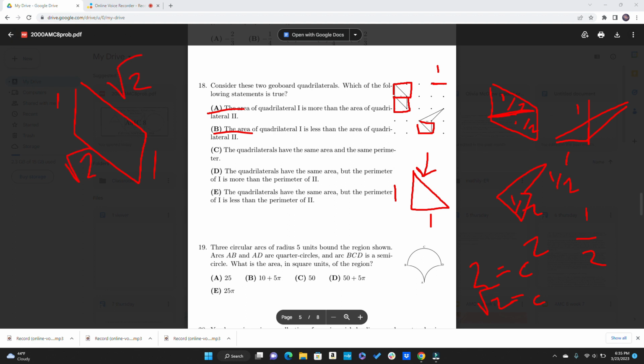Okay, what about the other quadrilateral? Well, that one has a side length of 1. We can see it has 2 sides that are the square root of 2. So far, 3 of the 4 sides are the same, right? It has 2 sides that are square root of 2 and 1 side that's 1, which matches up with our first quadrilateral. What about that last side, the kind of longer side?